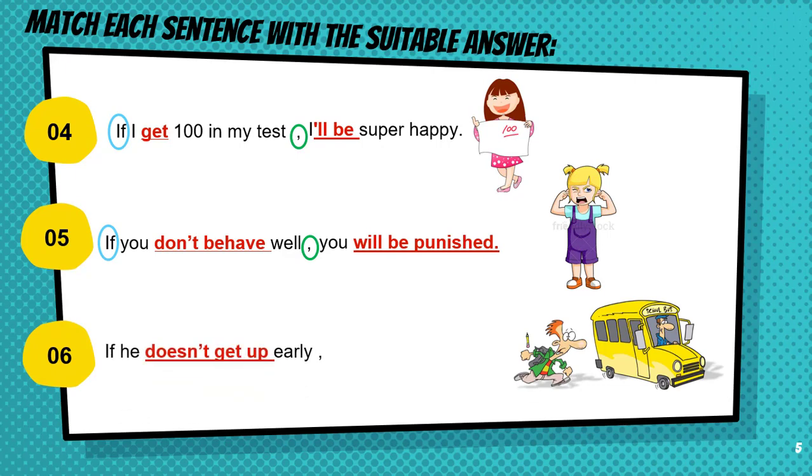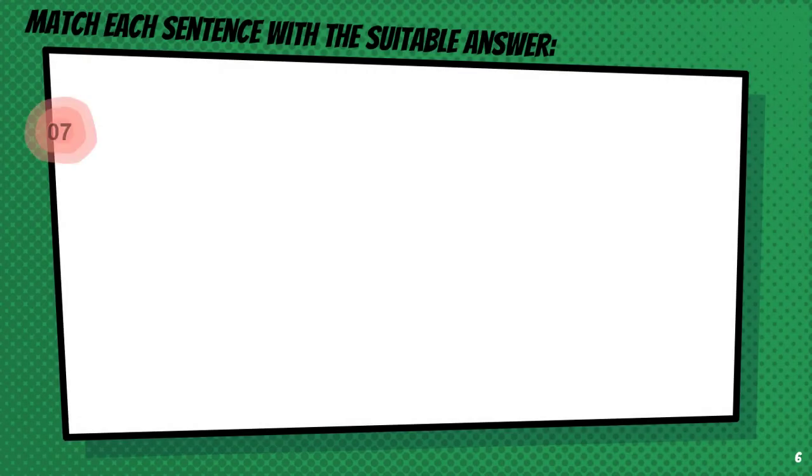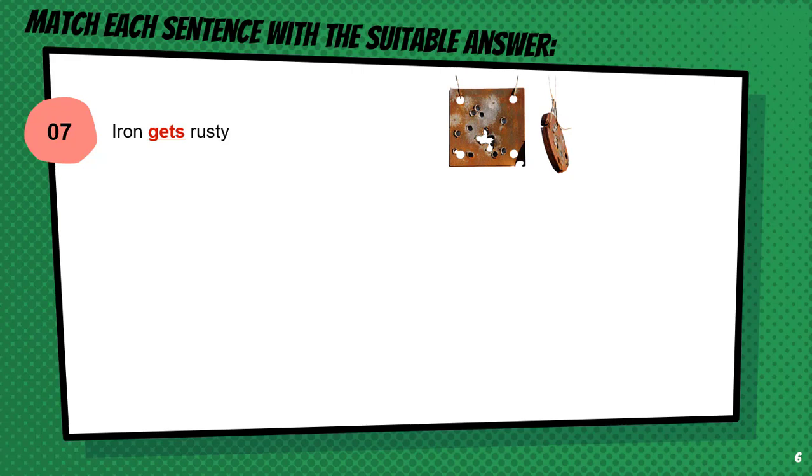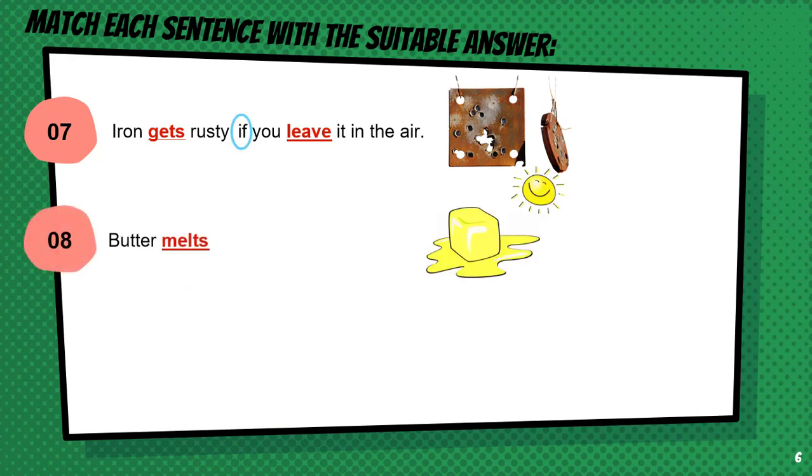If he doesn't get up early, for sure he will miss the bus. Iron gets rusty if you leave it in the air, of course. Butter melts if you leave it in the sun.